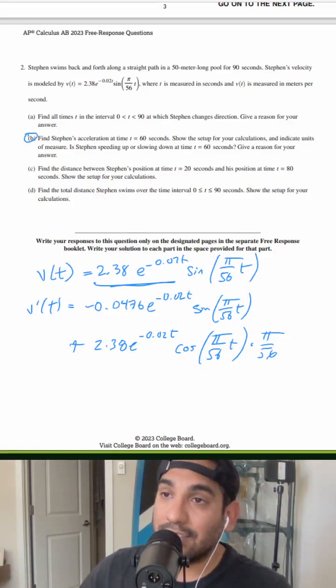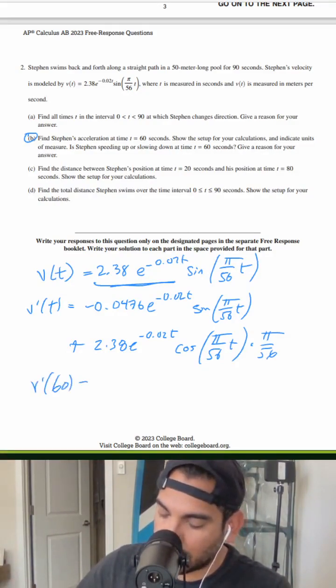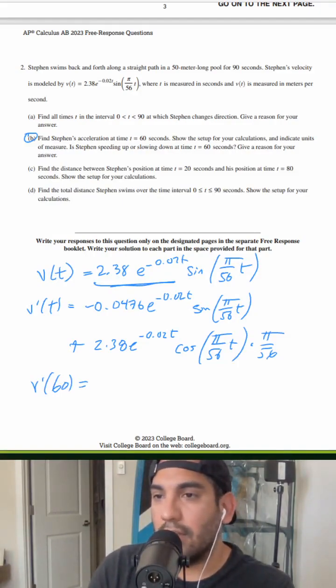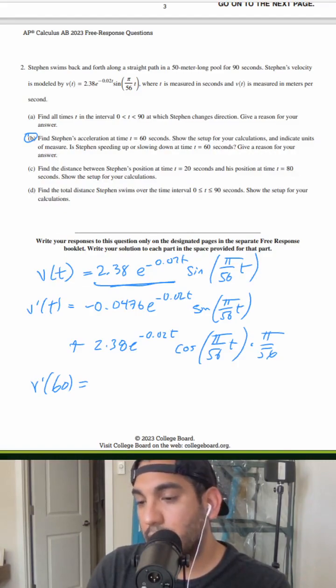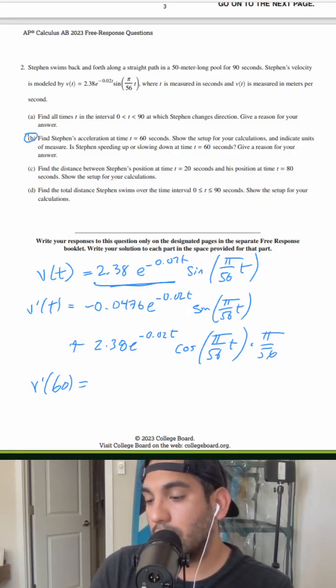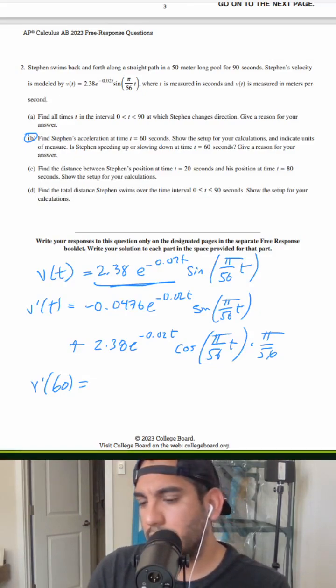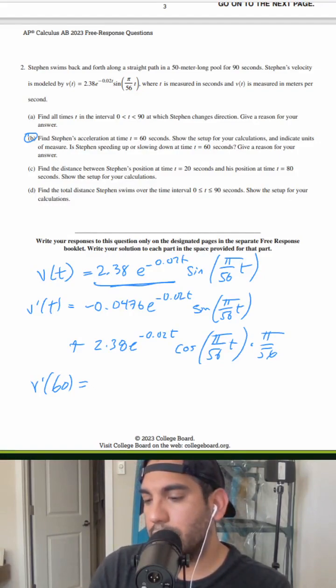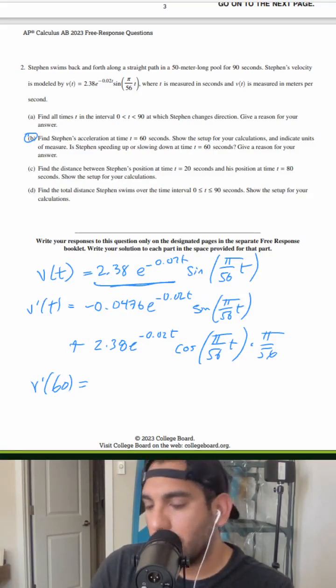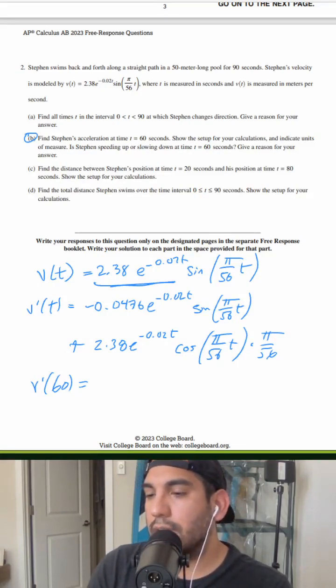They want to know what the acceleration is at 60 seconds. So we're going to have to plug in 60 into this function, and that is just a lot of fun. So negative 0.0476 e to the negative 0.02 times 60 seconds, and then sine of pi over 56 times 60 seconds, plus 2.38 e to the negative 0.02 times 60 seconds, and then cosine of pi over 56 times 60 times pi over 56.